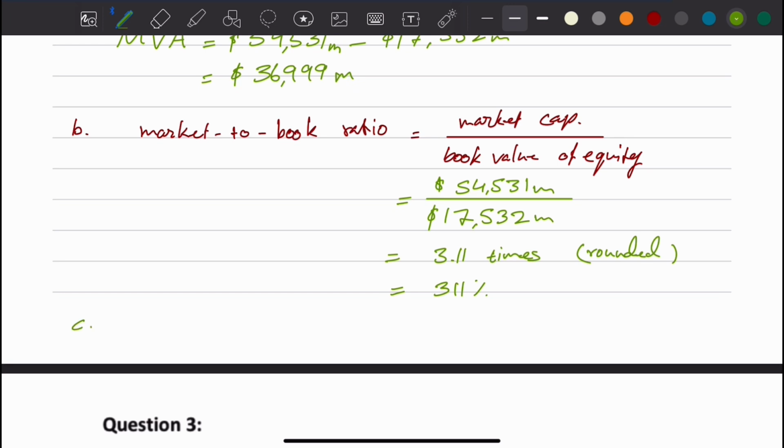So for part C, you could say the company has created 311%, or 3.11 times the equity in added value.